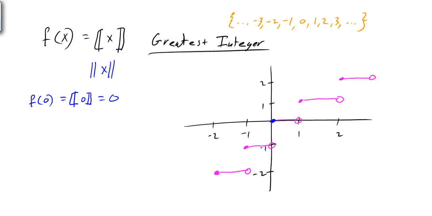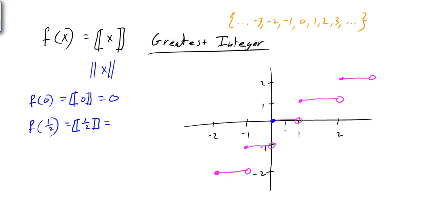Now, if I said we want to find f of 1/2, that means we're going to plug in 1/2 for x. Is 1/2 an integer? Okay, 1/2 is not an integer, so you want to pick the greatest integer that is less than 1/2.